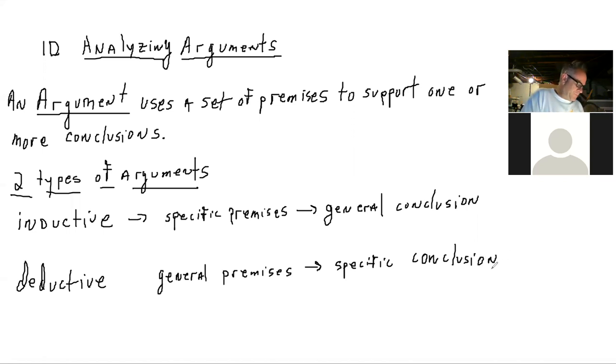Okay, so another way that I like to think about differentiating between the two types of arguments. In an inductive argument, I list out a series of examples, and from those examples, I draw a conclusion.